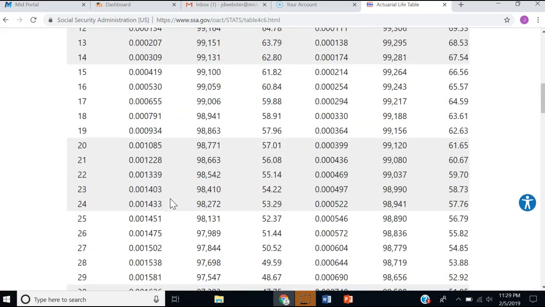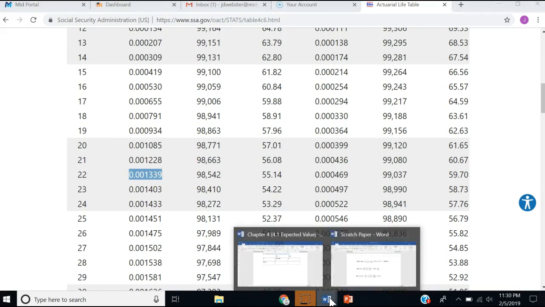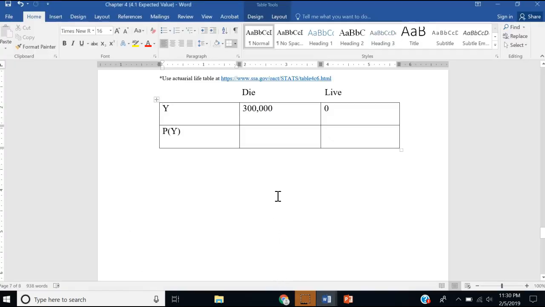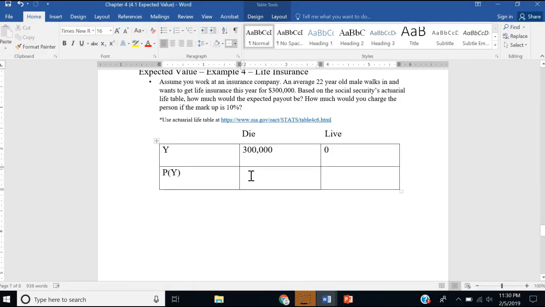So let's say this average 22-year-old walks in, and we look at this probability of death. By the way, I'll explain these two numbers in just a minute. So that's the probability that that 22-year-old dies within the year, 0.001339. So we go to our table and we say, well, the probability is 0.001339.